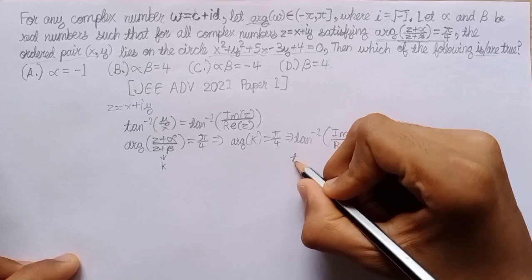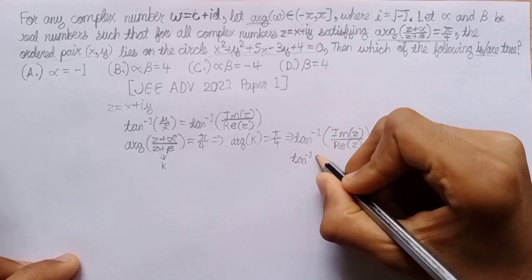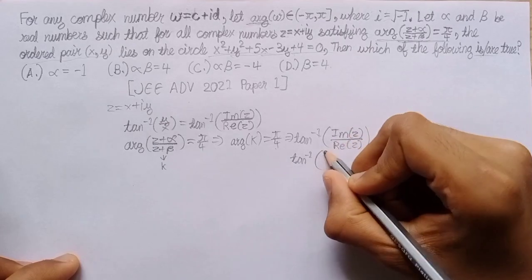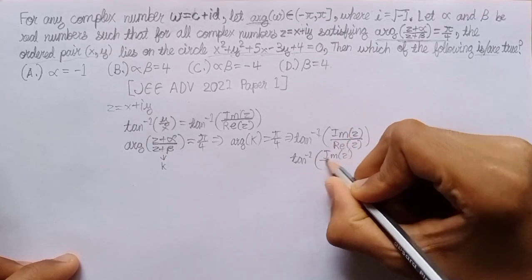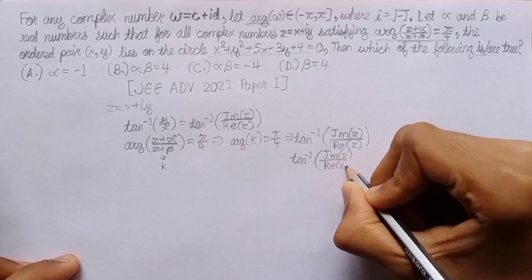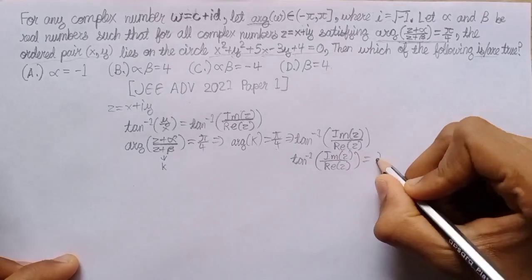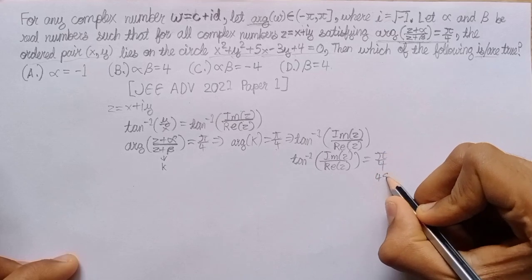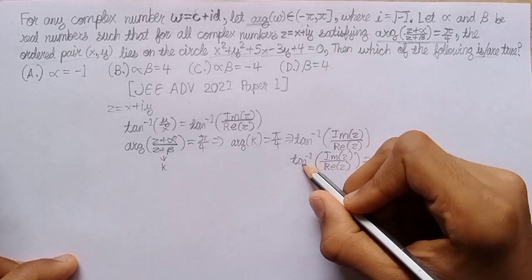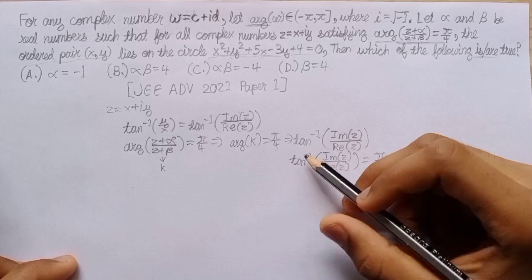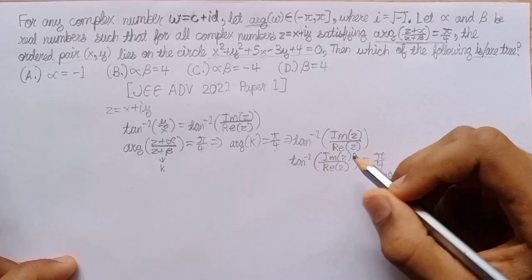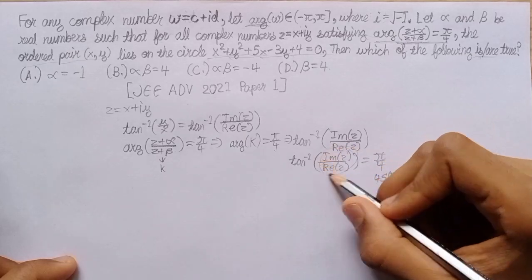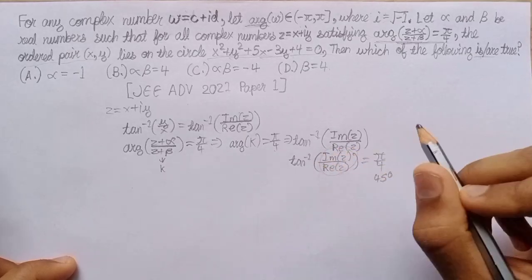So here we have tan inverse of imaginary part of z by real part of z is equal to pi by 4. Pi by 4 is actually 45 degrees if you take it in degrees. And tan inverse of a value gives the angle for which its tan value is equal to the value given inside this bracket over here.